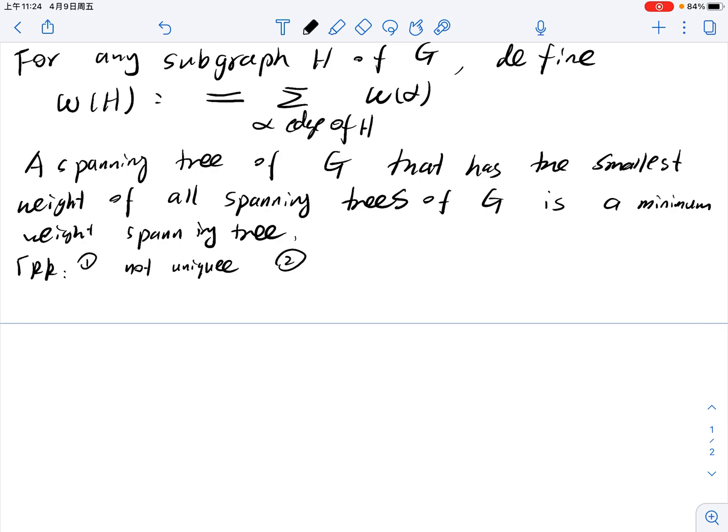And secondly, if the weight is a constant function, then any spanning tree is minimal, because then the cost from the weight is proportional to the number of edges, but for a spanning tree, the number of edges is the cardinality of the vertex set minus 1.